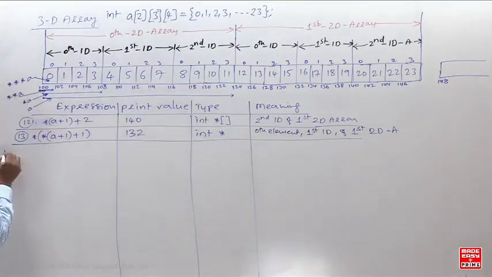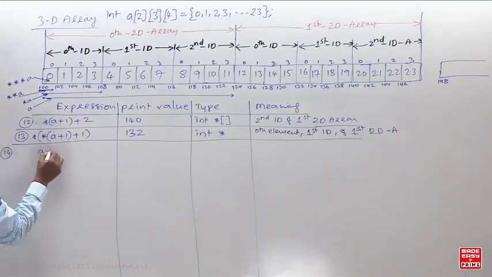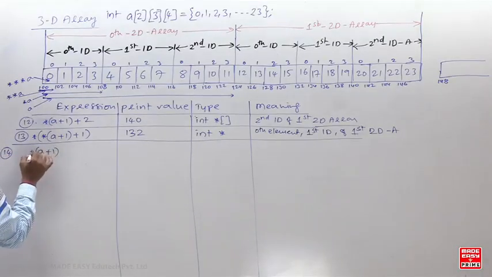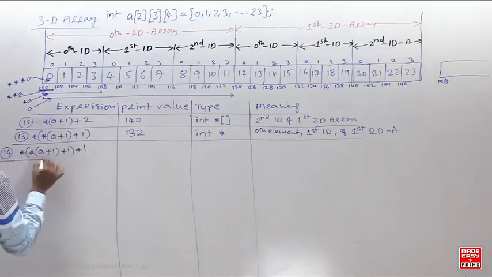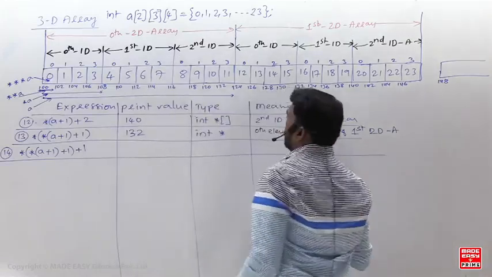Very good. Now tell me number 4: a plus 1 whole star plus 1 whole star. If I say plus 1, tell me what it will print.